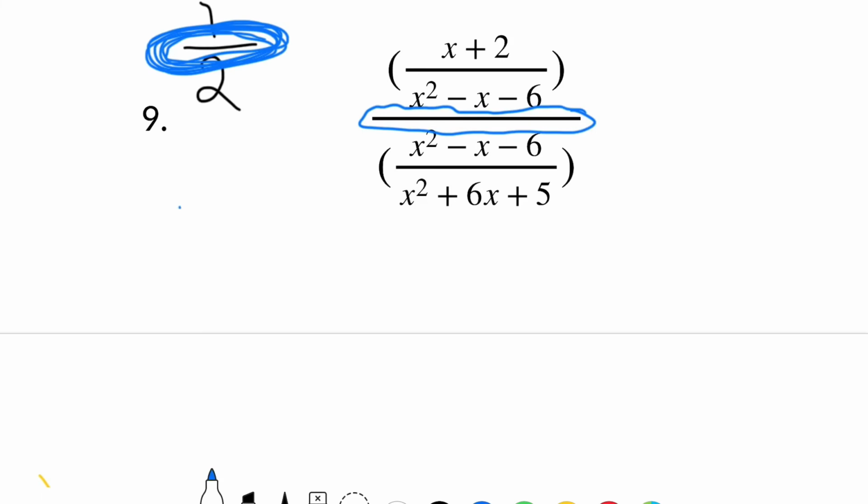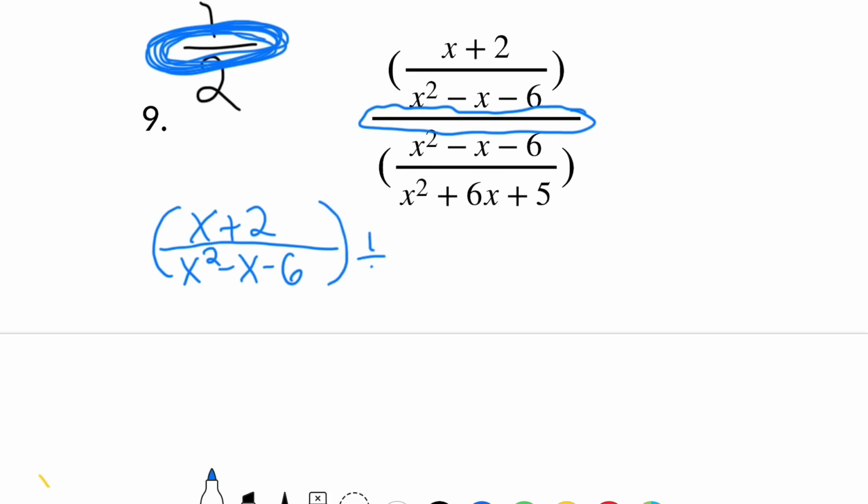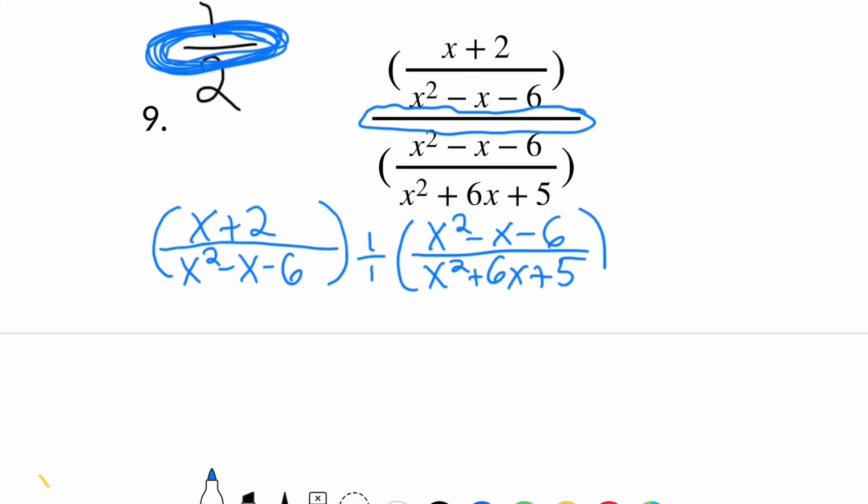So I'm going to write my x plus 2 all over x squared minus x minus 6, divided by, because I just changed the fraction bar, x squared minus x minus 6 all over x squared plus 6x plus 5.